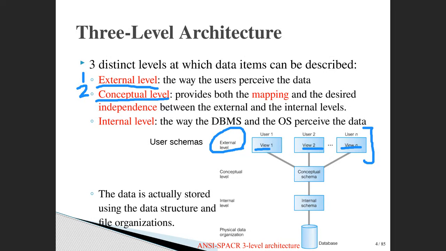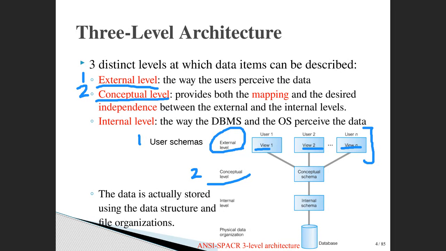The conceptual level, which is number 2, so this is number 1. The conceptual level is the community level, or we can say the data is stored logically. All right, so the data is stored logically in the conceptual level, and it will provide mapping between two levels, between external and internal.